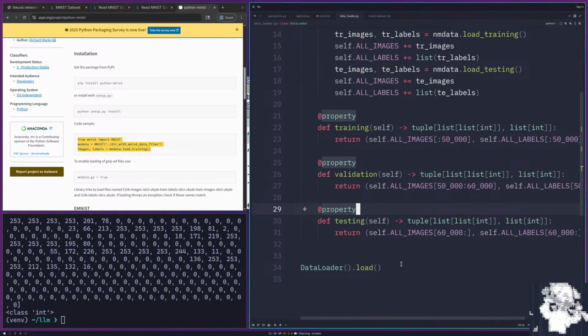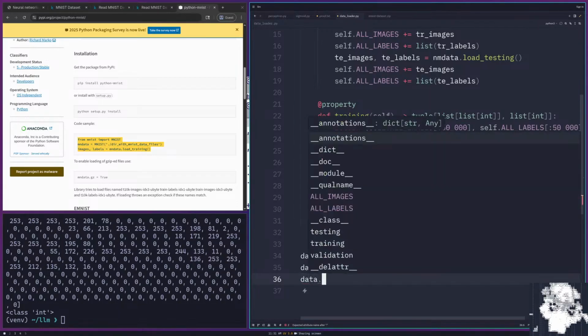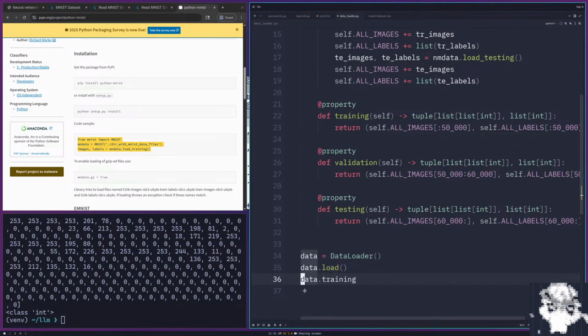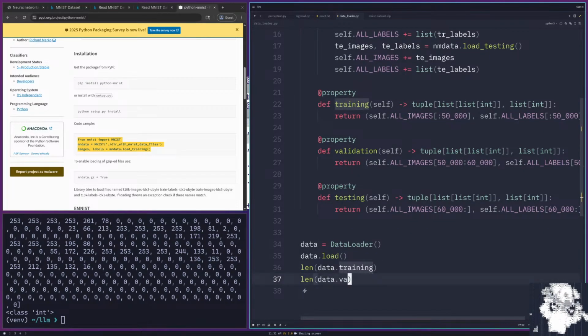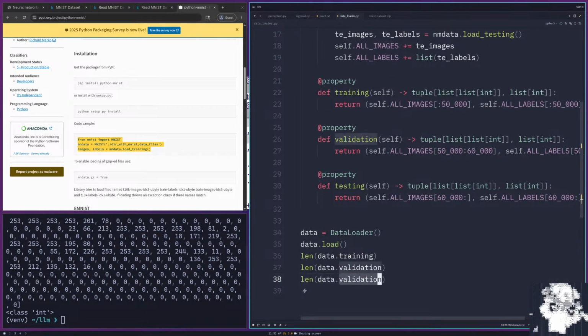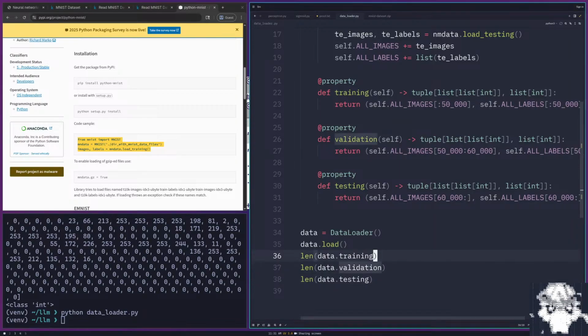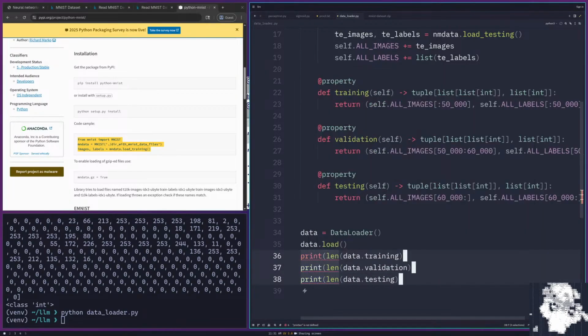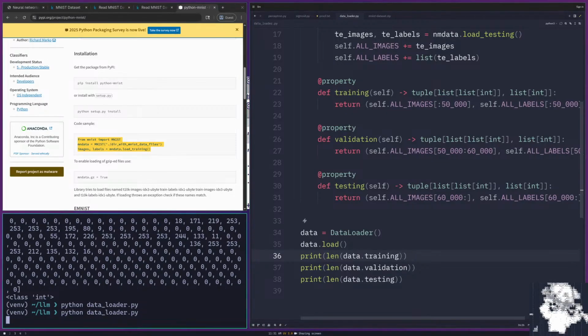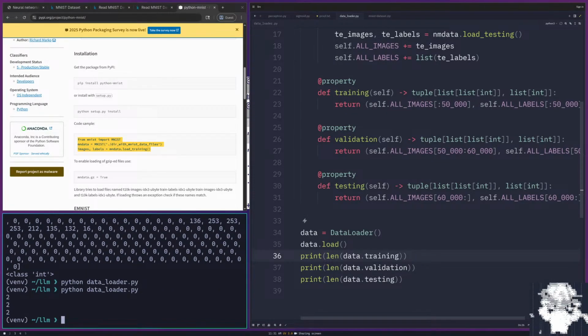Okay, now if I do data equals this, data.load, data.training, len of data.training, len of data.validation, len of data.test, I should see 50,000, 10,000, 10,000. I have to print these, obviously. Two.